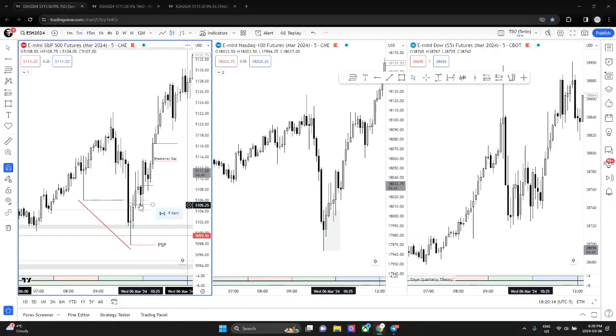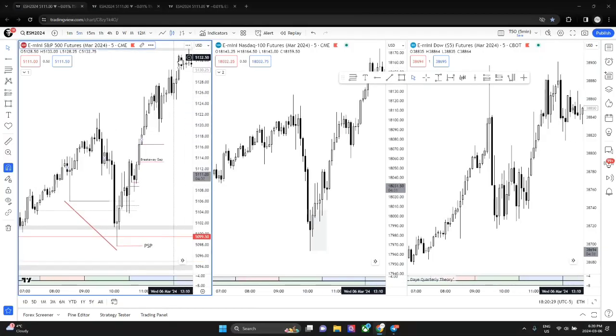So after this happened and you see price shift market structure above this high, this is where I bought this morning, or where I expected price to go higher. Then when price was around here, I told you guys, what did I say? Take profit. Why? There's a new day opening gap here. Amazing.